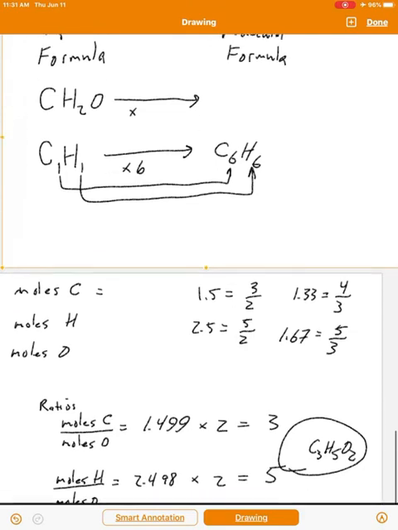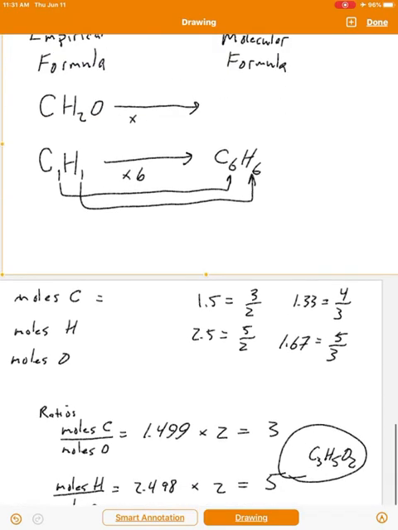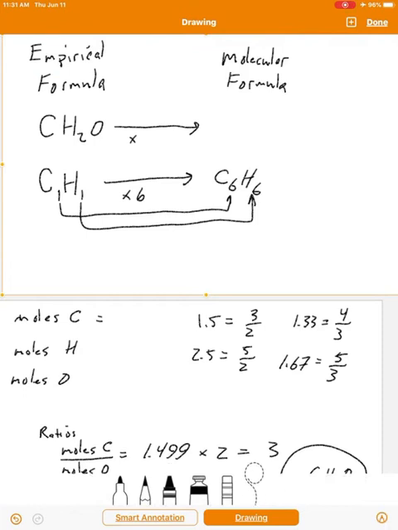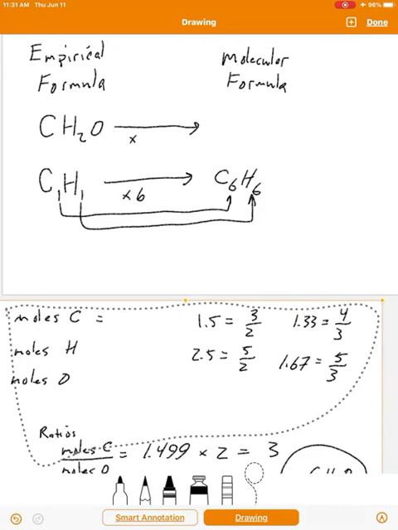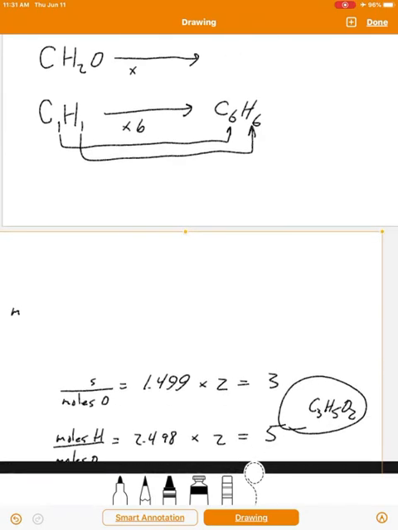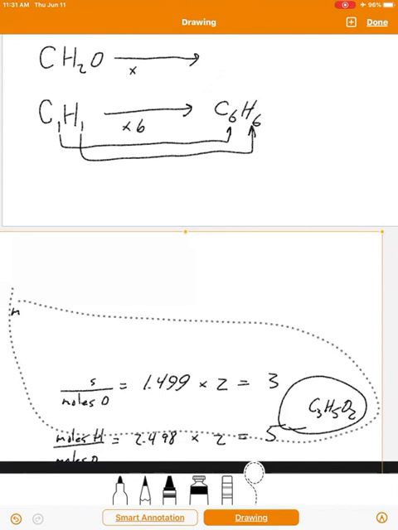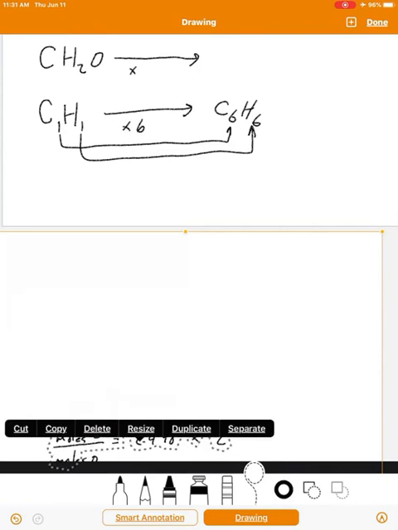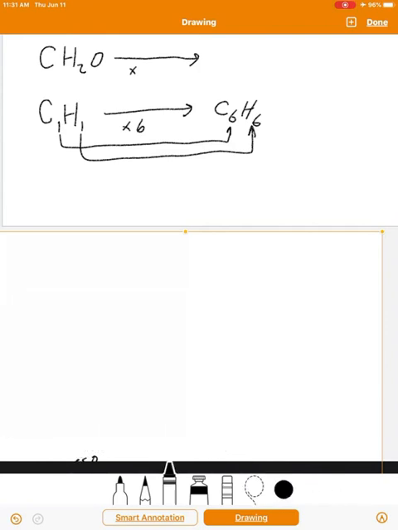Now here, let me make a little more space here for us.